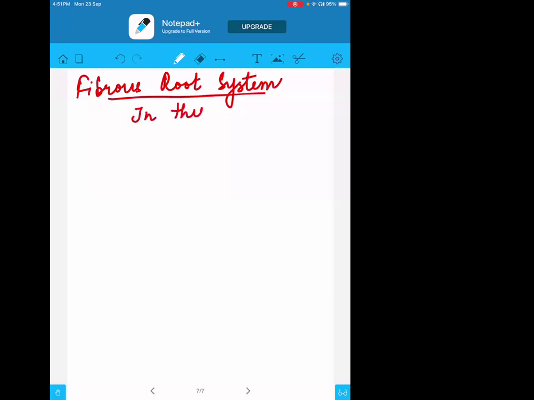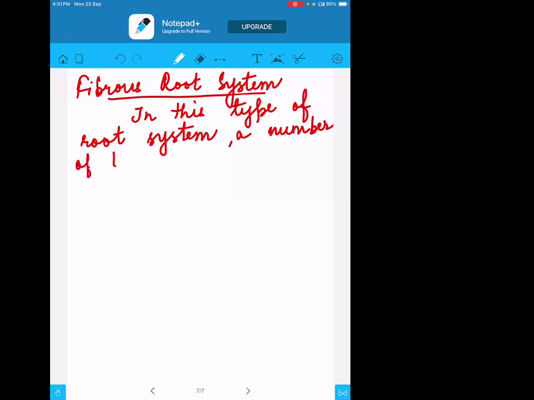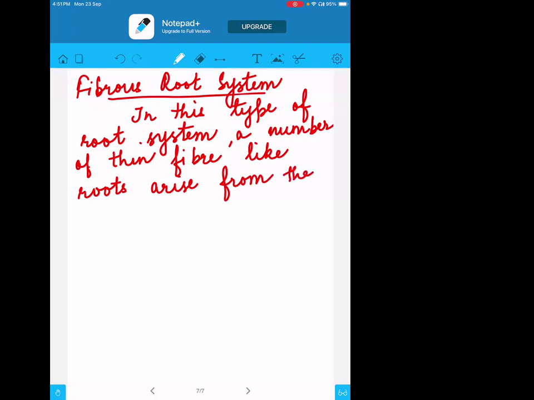In this type of root system, a number of thin fiber-like roots arise from the base. So many thin roots will start arising from the base of the stem.